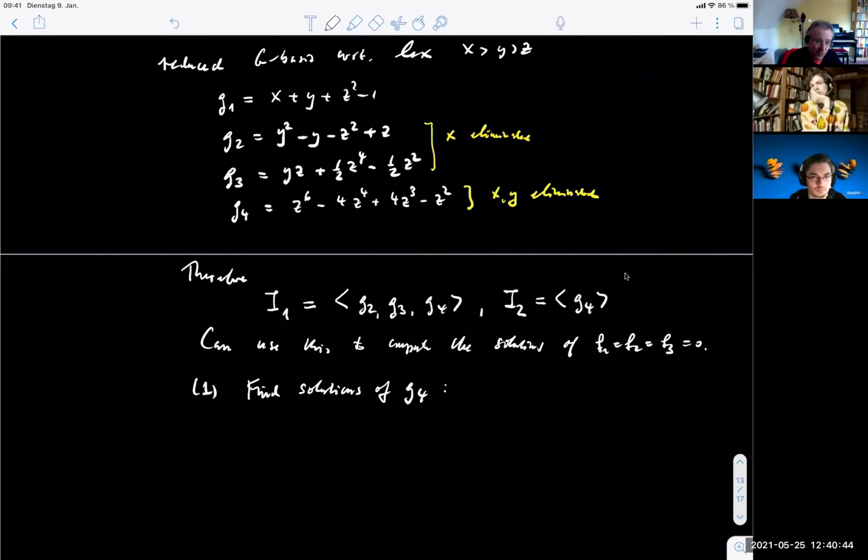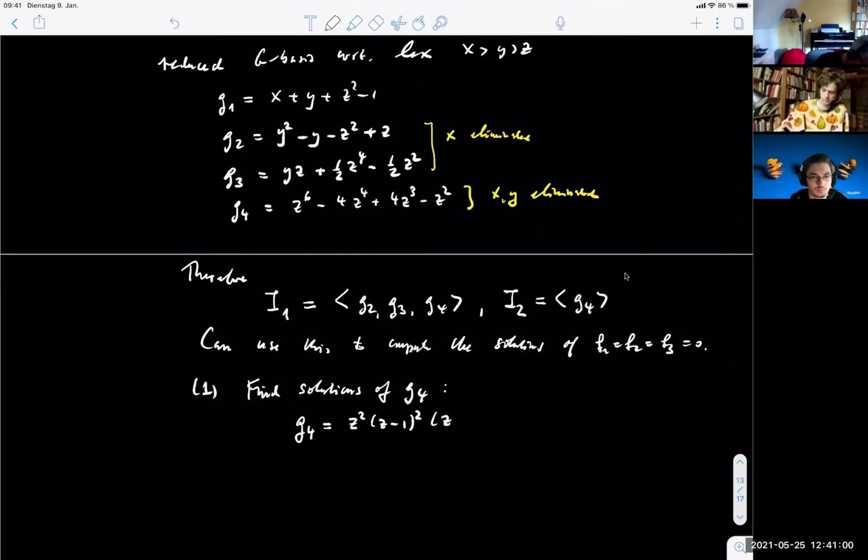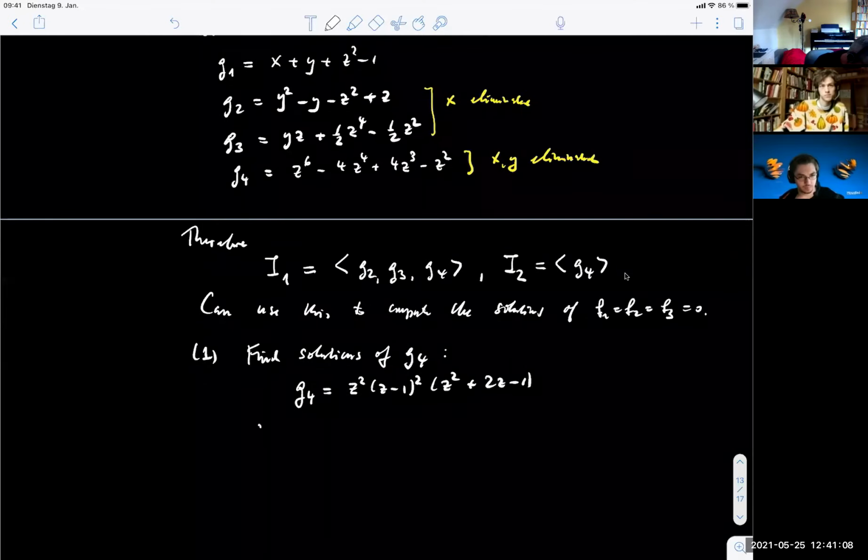And in this concrete example, I can say what it is. Miraculously, by choice of the polynomial, it factors in a nice way. This is just a nice made up example. So this degree 6 polynomial factors this way.